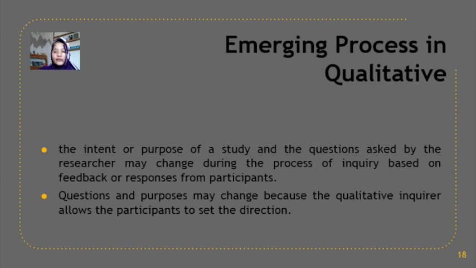The emerging process in qualitative research means that the process can be changed in the middle because of feedback or responses from the participants, because the research is not based on any theories that can be tested on the groups or participants. It means that the qualitative study can be changed based on conditions.